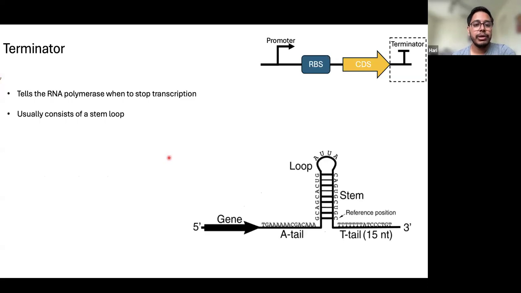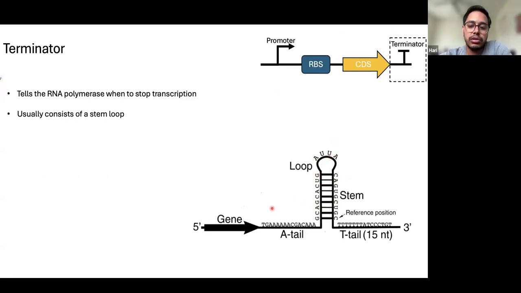And then we have the terminator, which is responsible for stopping the transcription, and that's where the RNA polymerase will stop transcribing the DNA. It usually is a form of a hairpin loop, and it's usually rich in the nucleotide uracil.